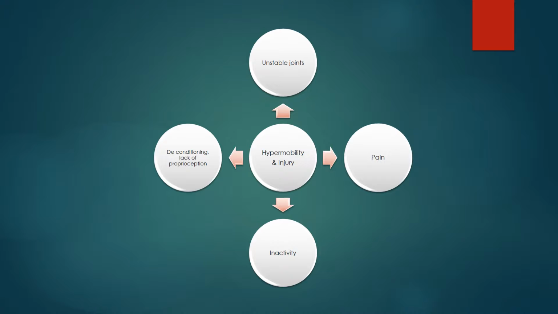When a hypermobile dancer becomes injured, they have unstable joints, which may cause increased pain, and we know that generalized joint hypermobility also presents itself as an overrepresentation of pain, which will then lead to inactivity in the dancer and further deconditioning and lack of proprioception. So it is very important as a dance practitioner that we understand the complexity of generalized joint hypermobility and try to strengthen our dancers and avoid injury at all times.